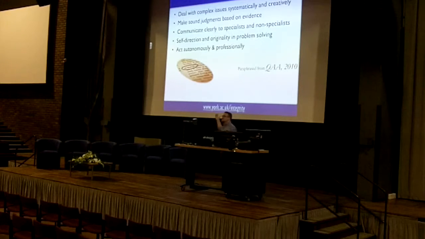I'm talking about the ability of master's students, and if you're at PhD level, you can take these on even further, what you're expected to do. So, yeah, dealing with complex issues. If you just have a look at this for a moment, I'll give you some time to read through.